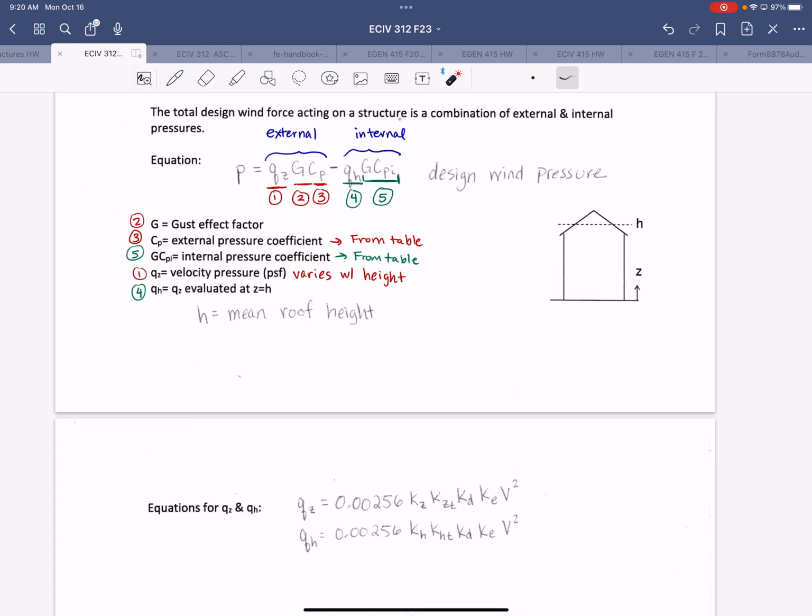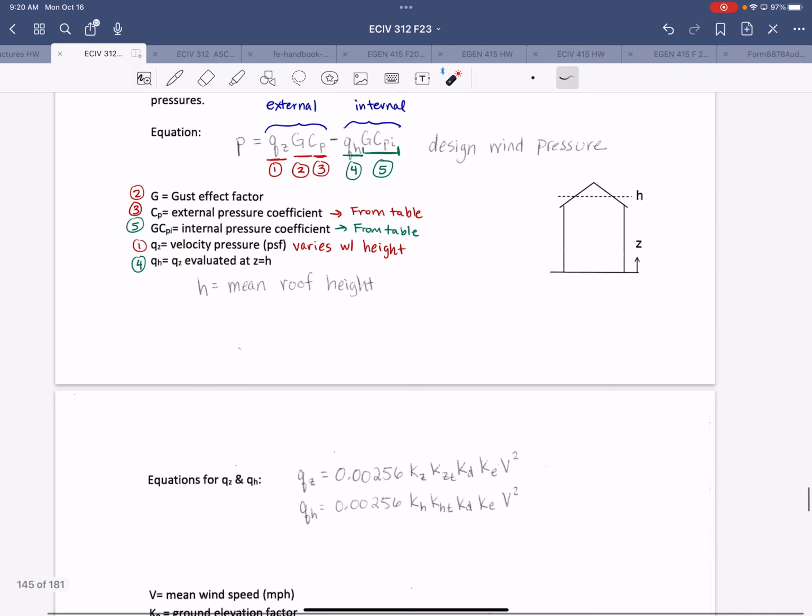So at the top of the next page, we have the equations for calculating QZ and QH, the velocity pressure. The only difference between the two are the coefficients, which we will define in a moment, KZ and KZT. Those two coefficients can vary with height.